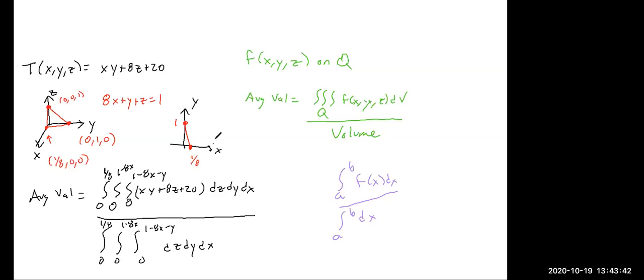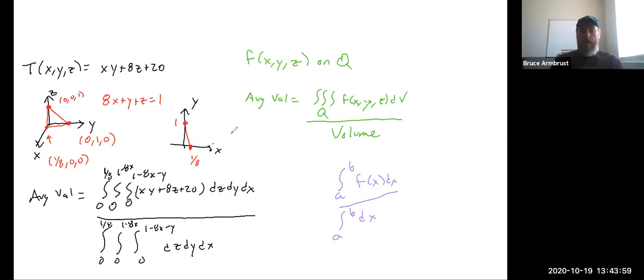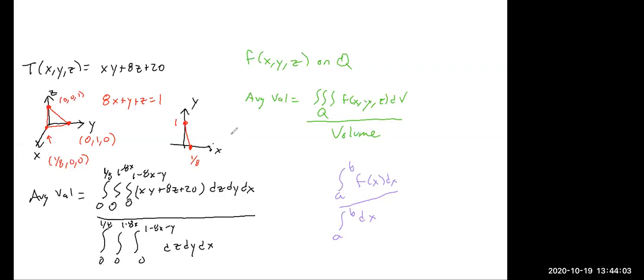I'm just confused about how, with question 10, the pyramid, where the function of x, y, and z is x squared. I'm confused why we need to treat that one differently than xy plus 8z plus 20.